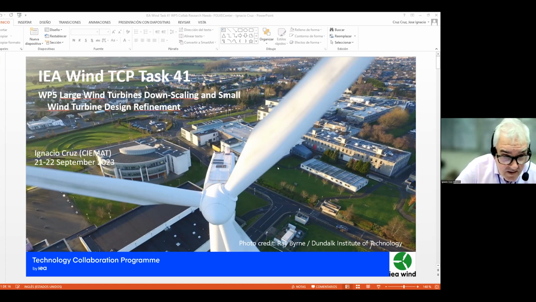One idea was to find potential downscaling ideas from medium or large wind turbines to small wind turbines in order to refine the design of the small wind turbines. So this was the main aim.